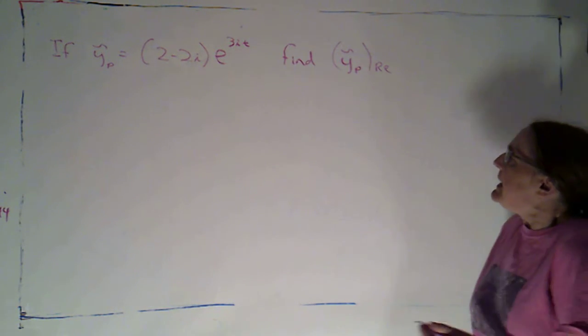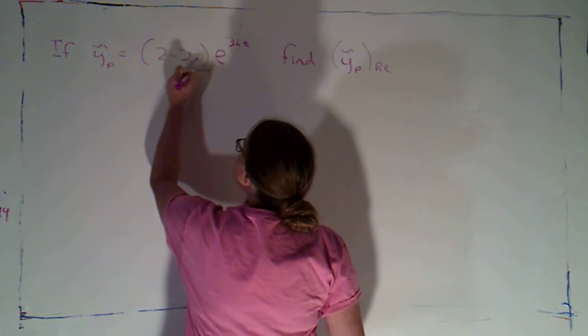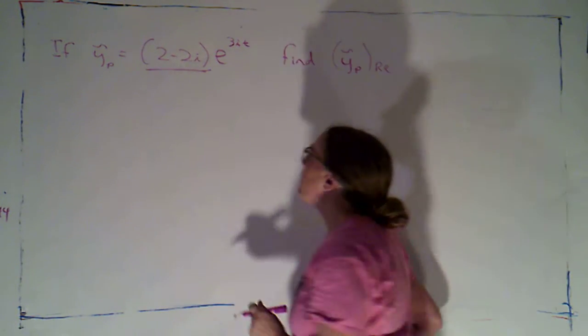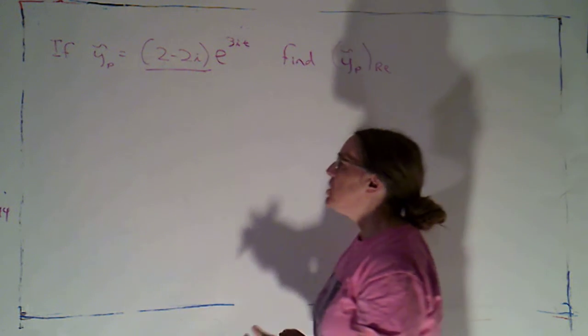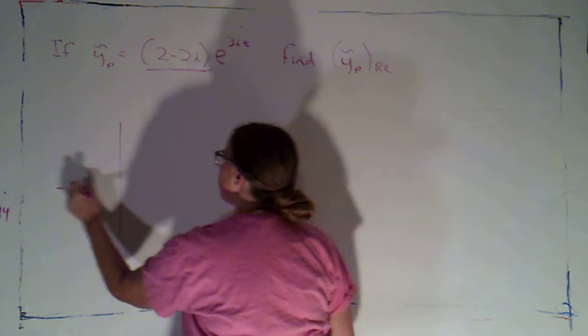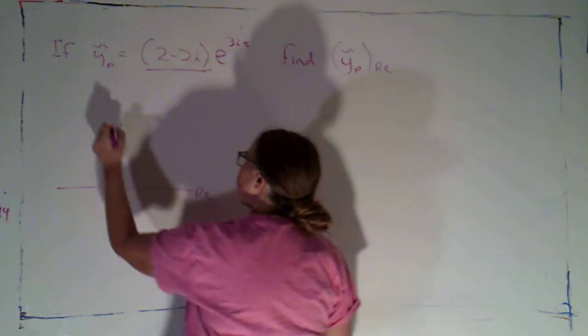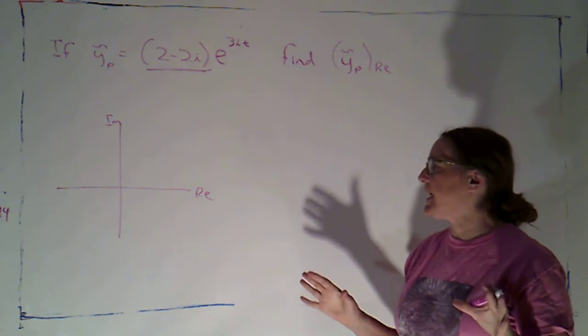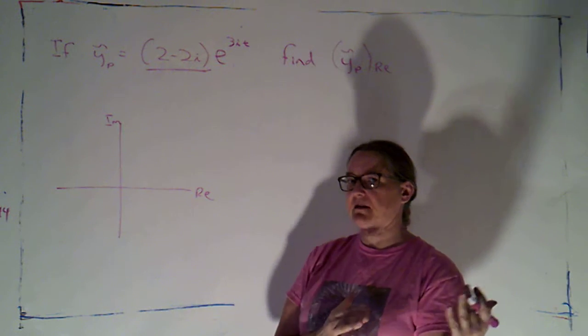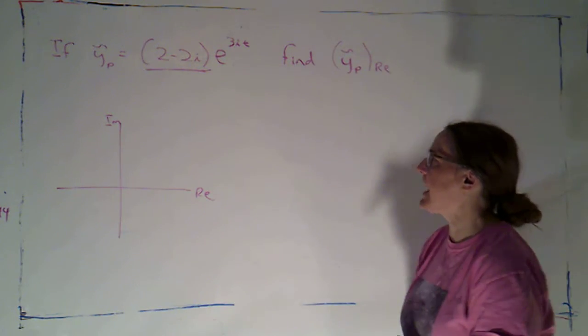Okay. Now, if I look at this number right here, this coefficient in front of the exponential function, 2 minus 2i, I'm going to graph that in the complex plane. In the complex plane, rather than having an x and a y axis, we have a real and an imaginary axis.